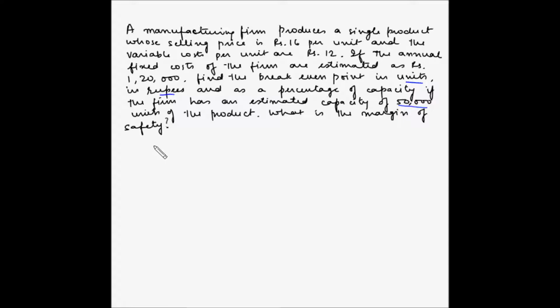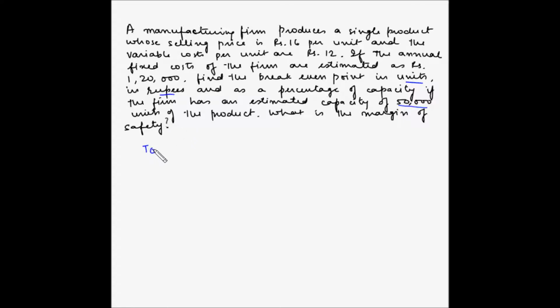So what is the break-even point? The break-even point is the point where there is no profit and no loss. Or in other terms, the total cost is equal to the total revenue. Or whatever you have invested, that is what you have gotten back in returns.